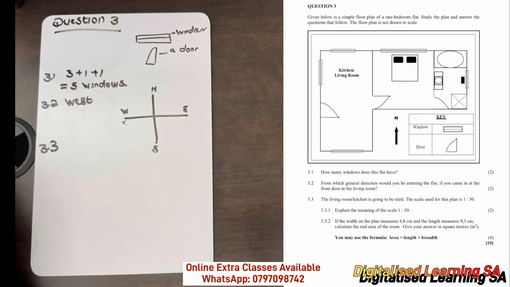Okay, so now let's move to our next question, question 3.3. Question 3.3 says that the living room or kitchen is going to be tiled. The scale used for this plan is 1:50. Explain the meaning of the scale 1:50.